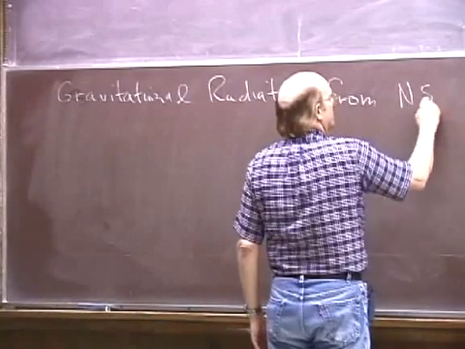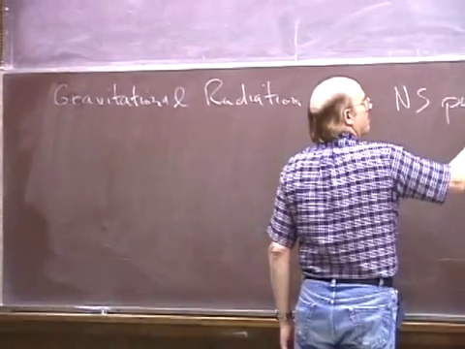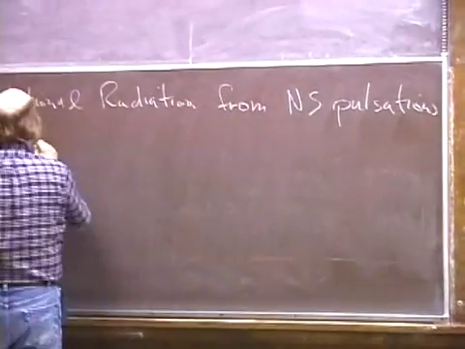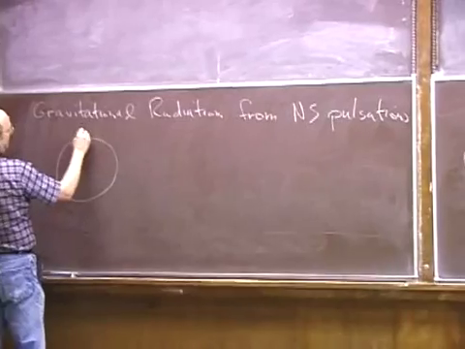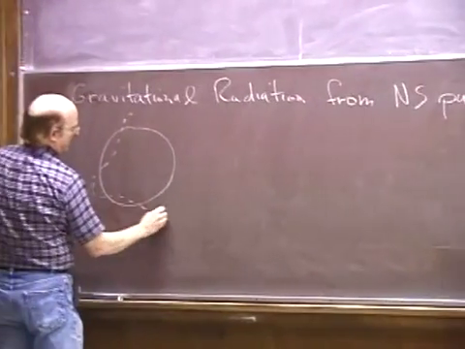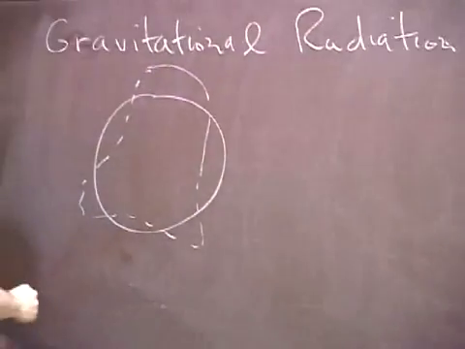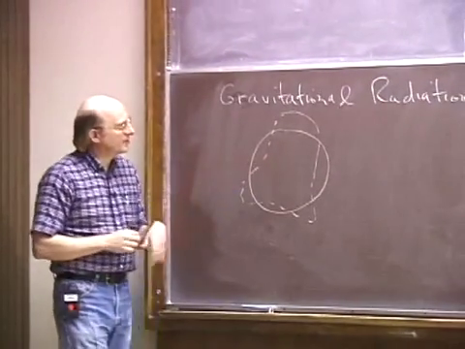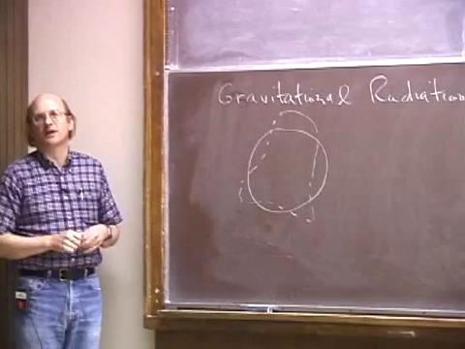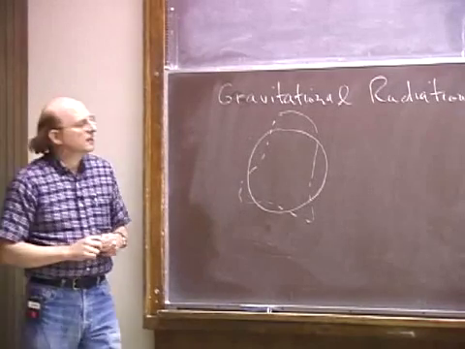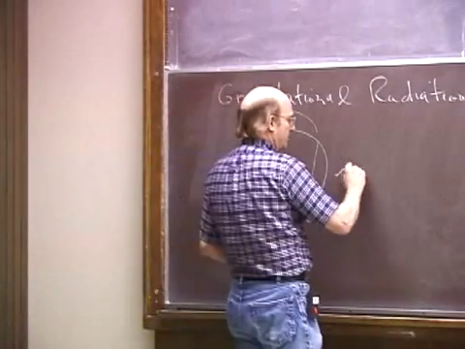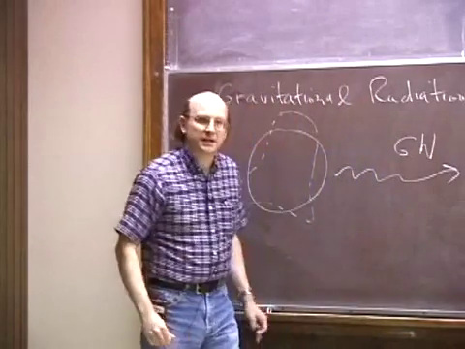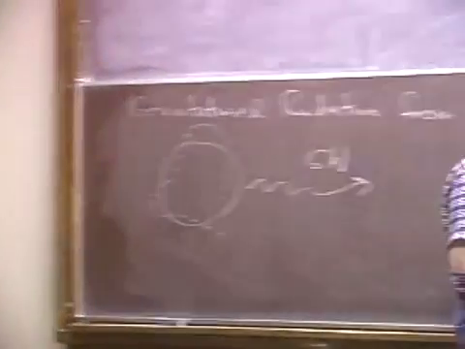So from neutron star pulsations. So you can imagine having a star, looks like this, say, that gets deformed in some normal mode, which oscillates back and forth. If this normal mode is one which has a time-varying quadrupole moment, then it will emit gravitational radiation, and in principle, we could detect it.